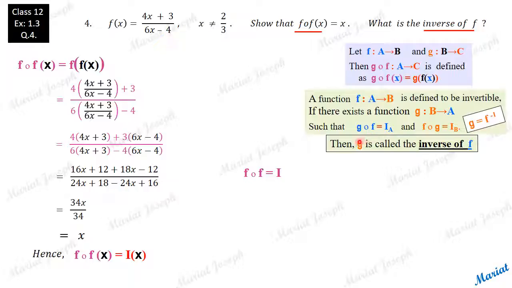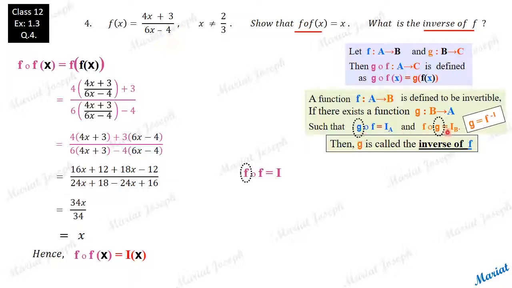So in place of g, you can place this f itself. Also, f∘g is equal to the identity function. That means this function composed with this function equals I. So in place of g again, it is f itself.